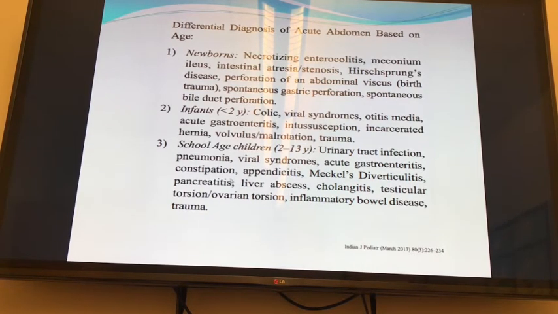In older kids, although it can happen at any age, appendicitis is the biggie. Occasionally diverticulitis. Torsion would be the other emergency. Ovarian torsion could be a real challenge, but with testicular torsion, usually it's pretty clear where the problem is.